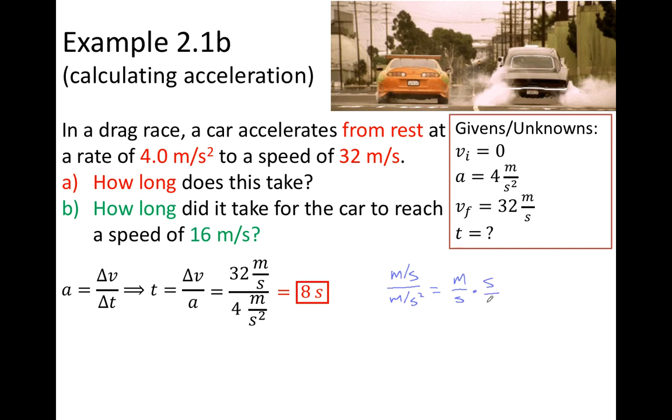So dividing by meters per second squared is the same as multiplying by seconds squared per meter. Meters are going to cancel out. This leaves me with seconds squared over seconds, which is seconds. So the units end up being seconds.